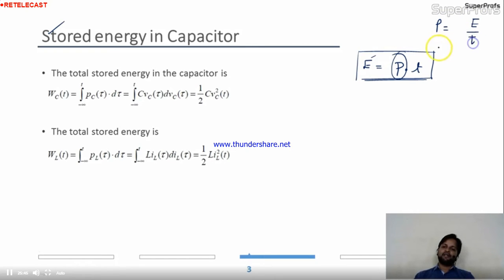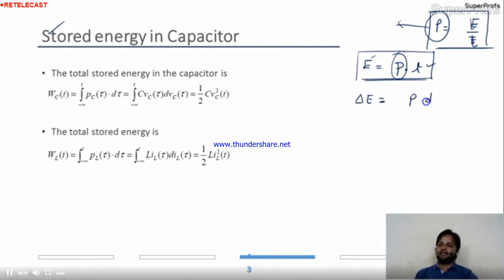The expenditure of energy per unit time is nothing but the power of a particular system. Is it okay? So here, this is given for the small energy, like delta E is nothing but P dt. For a very small time the energy is given like this.